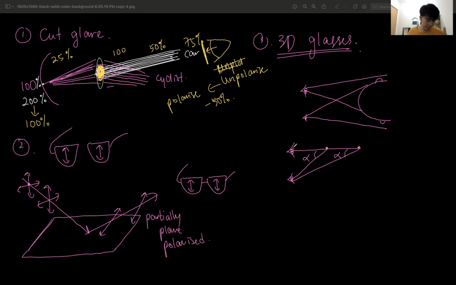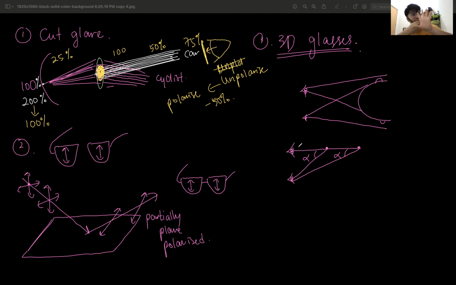Now, in the 3D cinema, what they do is they project two images on the screen. There's a problem with the screen because the screen is 2D. If the screen is 2D, then the light coming out is 2D, so you cannot see in 3D. There's only one image, unlike in real life, where you have different perspectives.